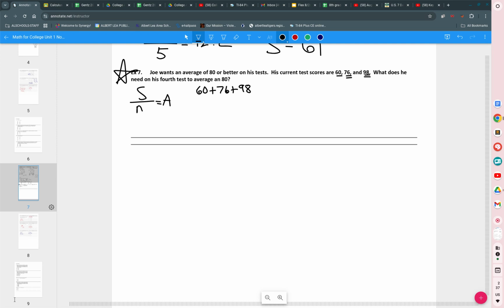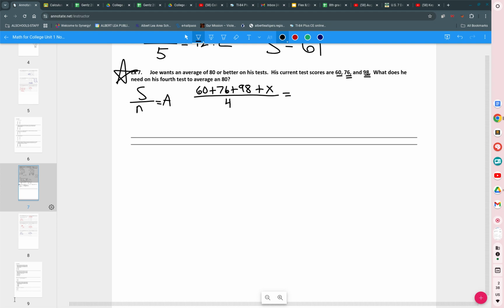And anybody know what else? X. What does X represent? That fourth test that we don't know. So now that's our variable. So that's our sum on top, divided by how many tests are we averaging? 4.